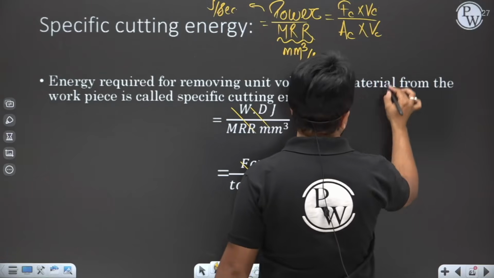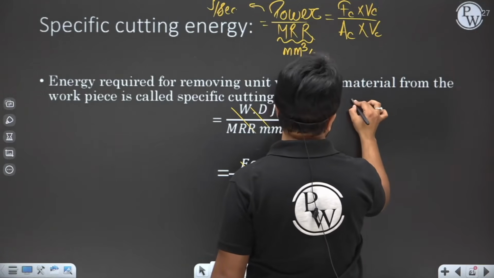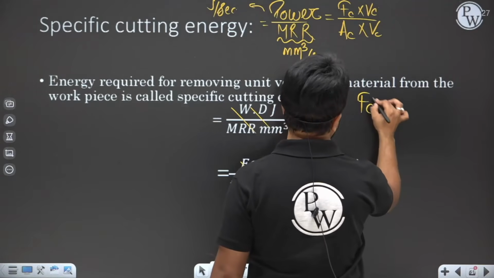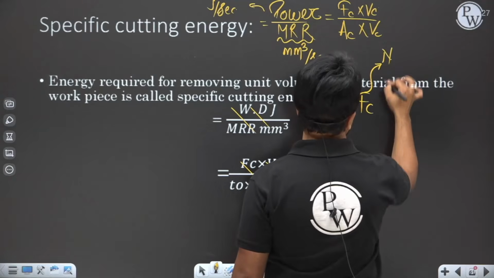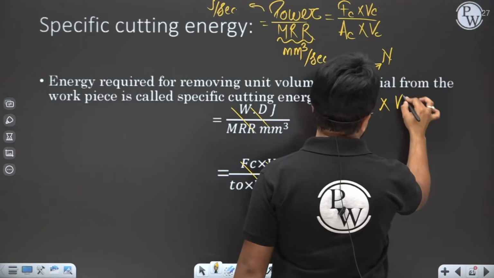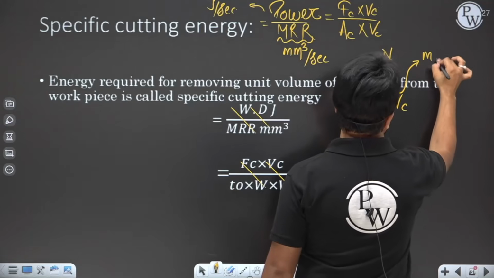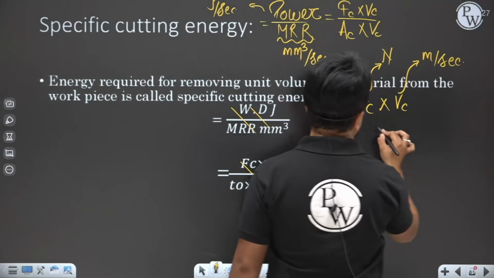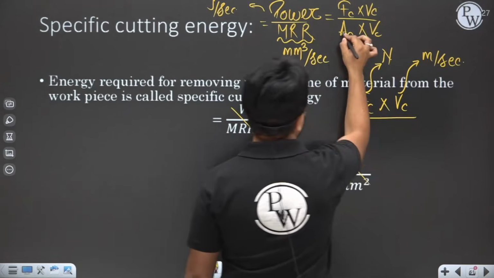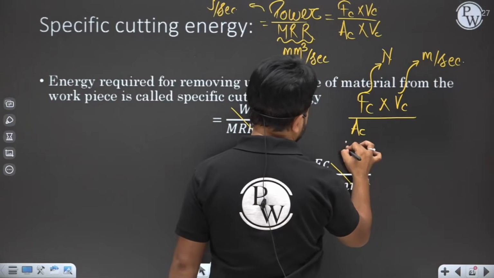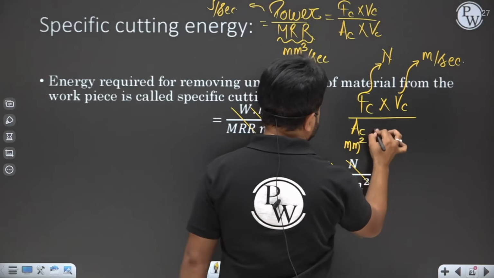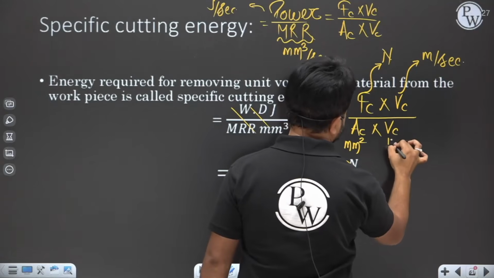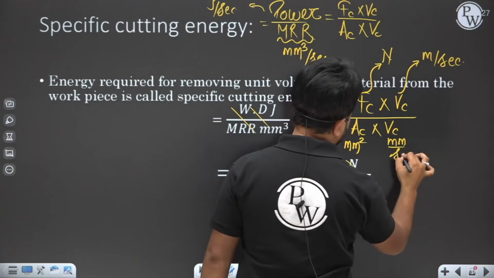So FC is in Newton into cutting velocity in meter per second, divided by AC in mm² into VC in per second.